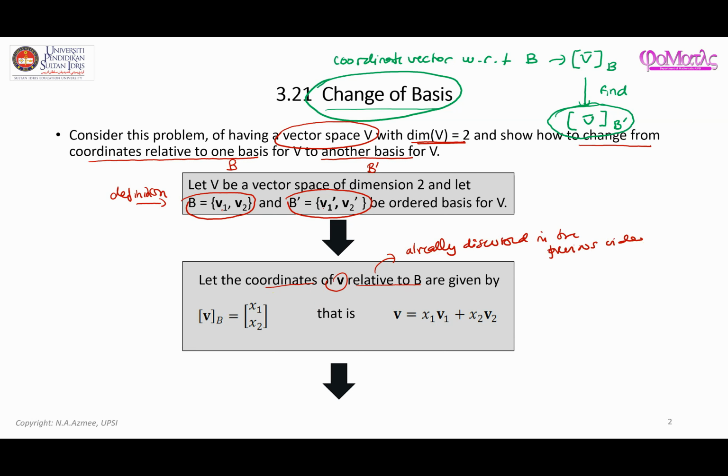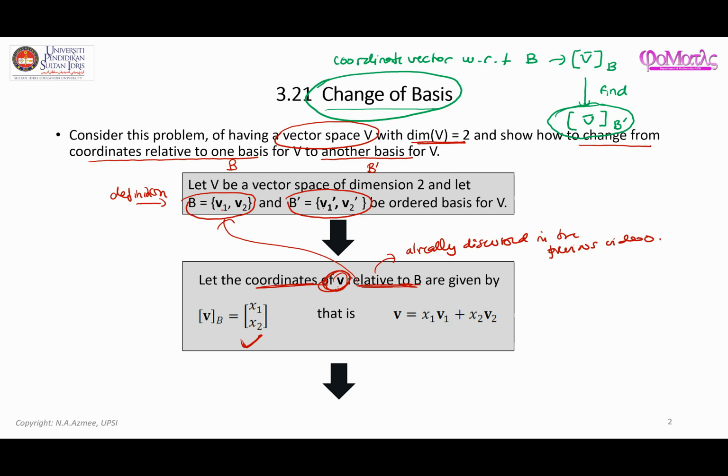Based on the answer to that, let's say the coordinates of V relative to B are given by these values, x1 and x2.